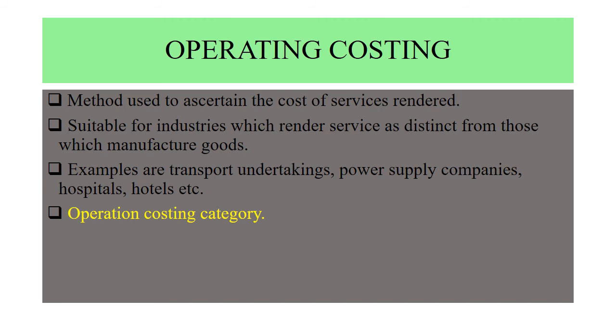For example, industries like road transport, railways, hospitals, airlines, cinemas, etc. There is usually a compound unit in such undertakings. Examples: ton kilometer for transport undertakings, kilowatt hour for power supply, and patient days for hospitals. This method is also known as service costing.